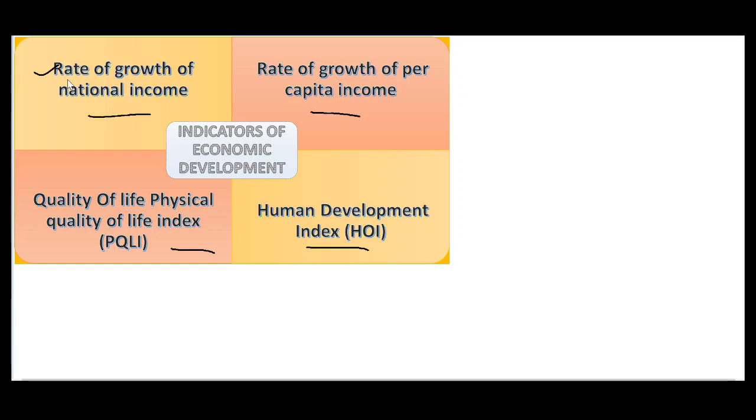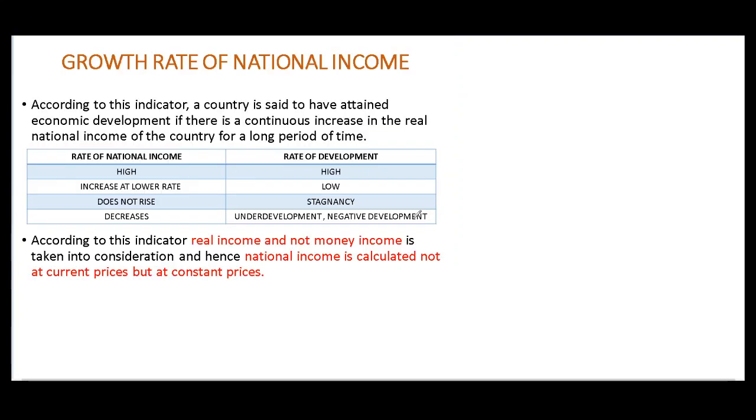What is national income? The first thing I would like to ask you: what is national income? In 11th standard you have learned national income and its meaning. Again I will explain here what national income is.